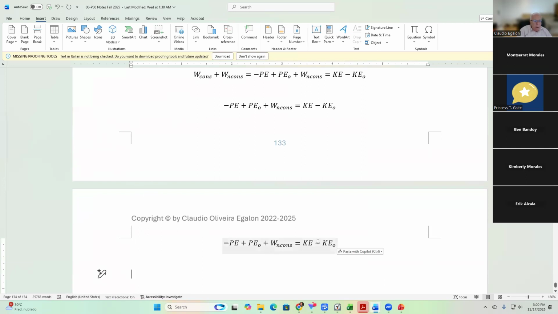Everything that's initial is going to be on the left side: the negative initial kinetic energy becomes positive, and everything that's final goes to the right side. Consequently, the negative final potential energy becomes positive.